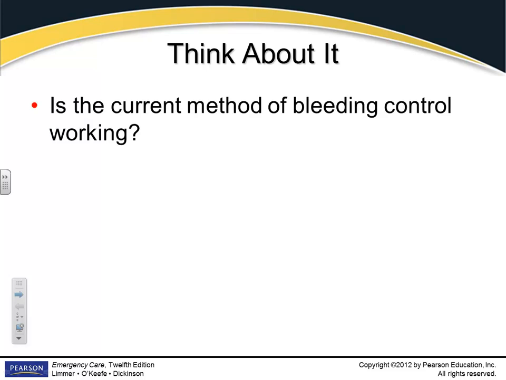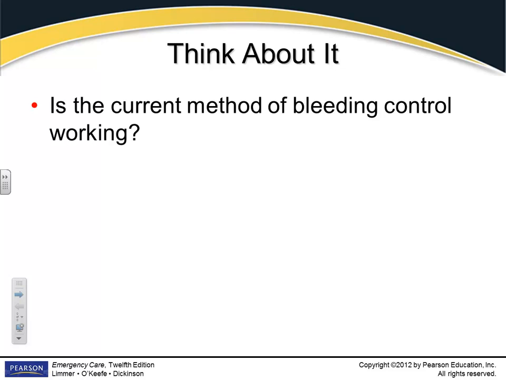One of the things you want to ask yourself, if you've got a patient that's bleeding, is whatever you're doing, is it working? If it's not working, then you may have to step up. I think probably the most difficult thing for you is going to be making that decision about when I'm going to put a tourniquet on. There's a good chance once you put that tourniquet on, they're going to lose that limb. So you're weighing, are they going to bleed to death? Are they losing so much blood? And I'm not just talking about, are they going to exsanguinate?